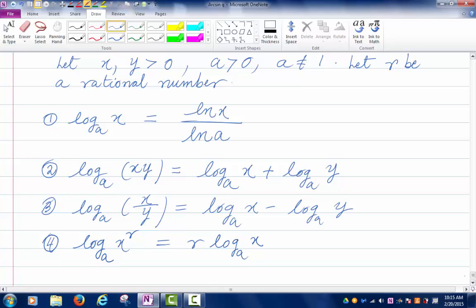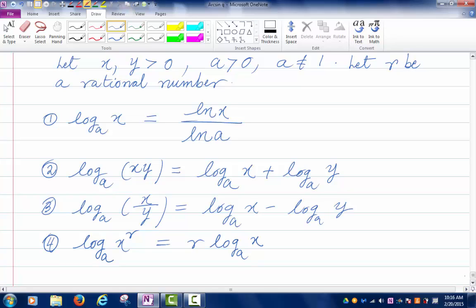A is a fixed number here, so the denominator ln of a that you're seeing on the right side is a fixed number. You shouldn't be taking the derivative of ln of a, because you'd get 1 over a. That's the derivative of ln of a, but what I'm saying is that ln of a is a fixed constant there. Yeah, 1 over x times ln of a, right?